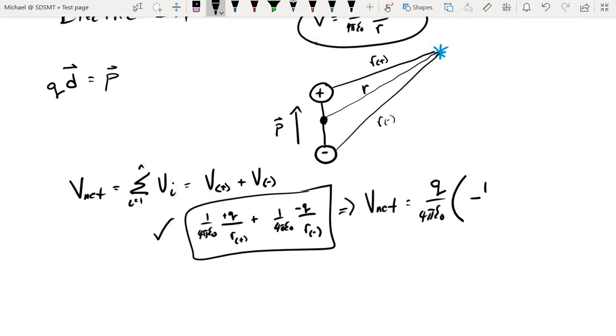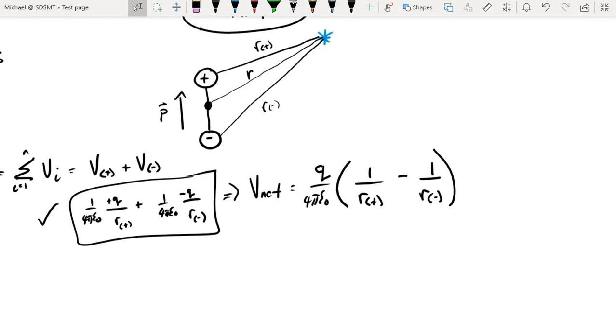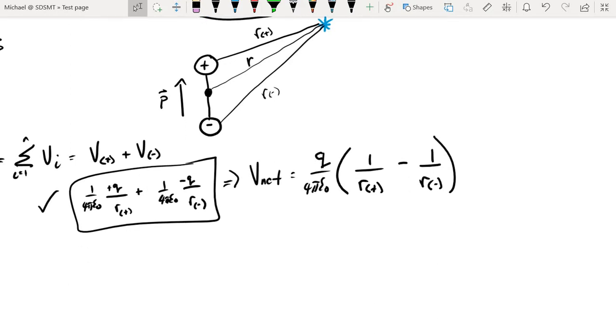But what remains inside the parenthesis just ends up being the difference in the R values for the positive and negative charge. So at this point, we could just measure the distance, R positive, R negative, plug those values in, and then get the net potential for the system.